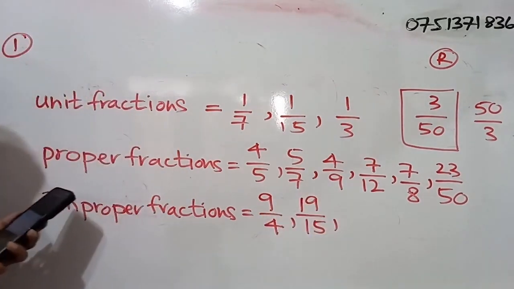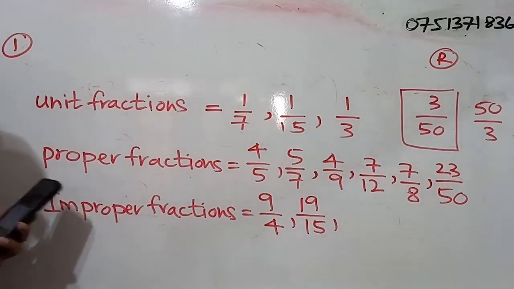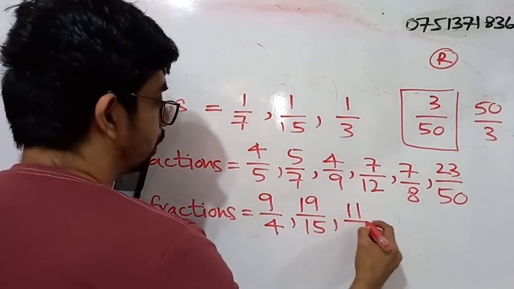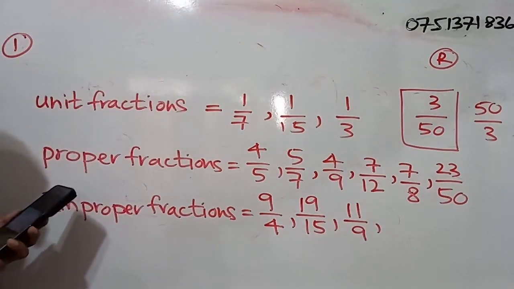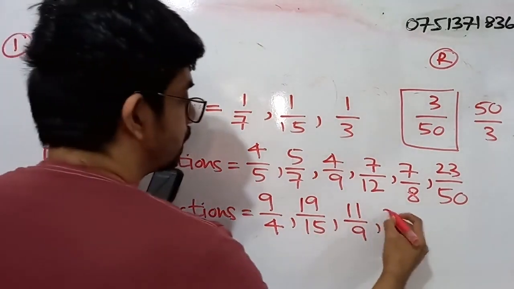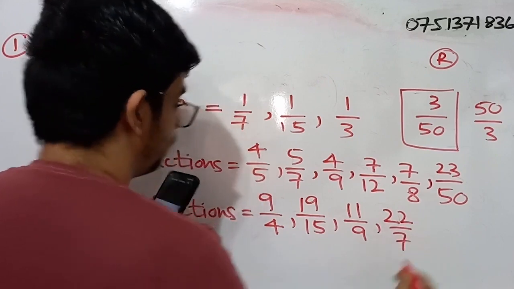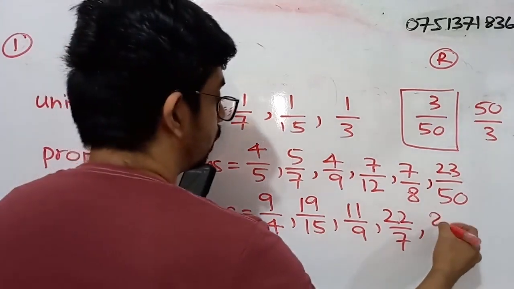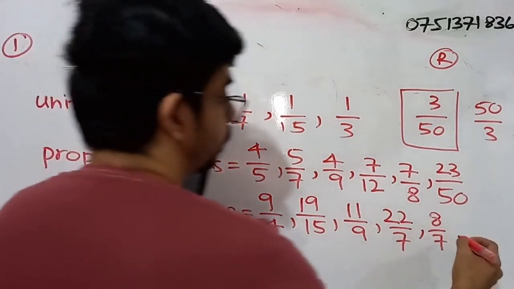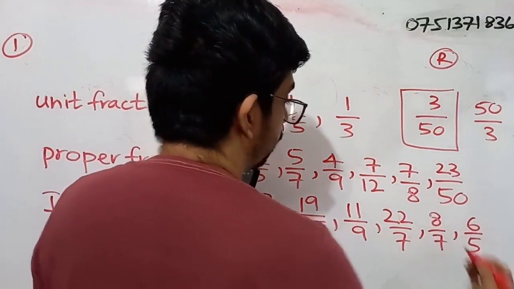Then we have 11 by 9. Then we have 22 by 7. Then we have 8 by 7 and also 6 by 5. Right. Then we will move to the next question.